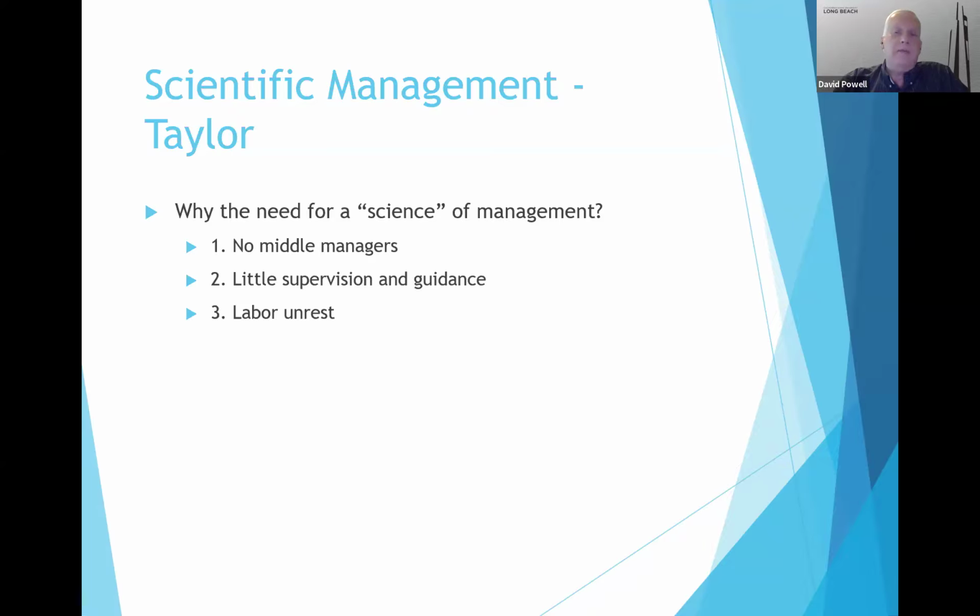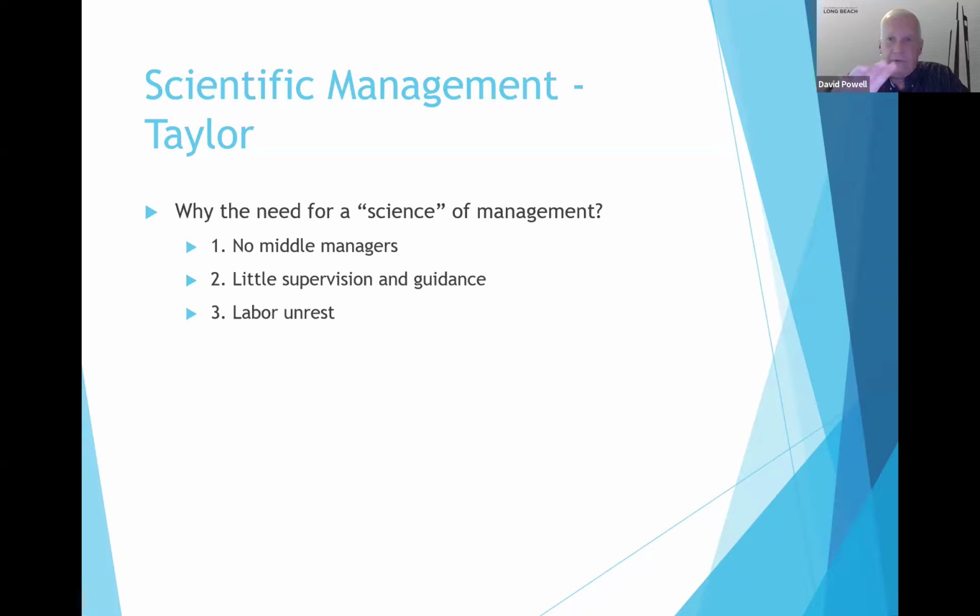So the reason why he felt someone needed to develop a science for management is that when he was developing his theories, he was looking around at our factories and all of our industries that had been growing up after the Industrial Revolution. And he recognized that there were three major problems in those factories and in those industries. The one major problem was they were bereft of middle managers.